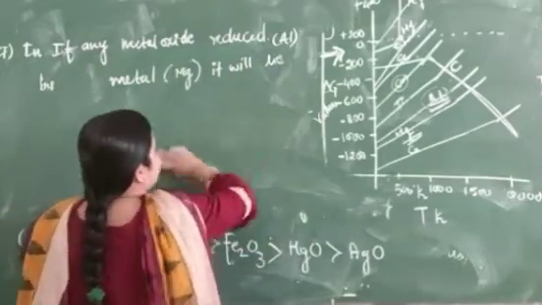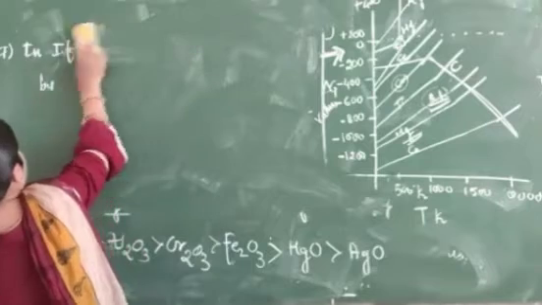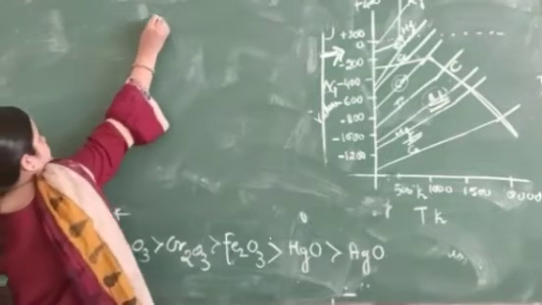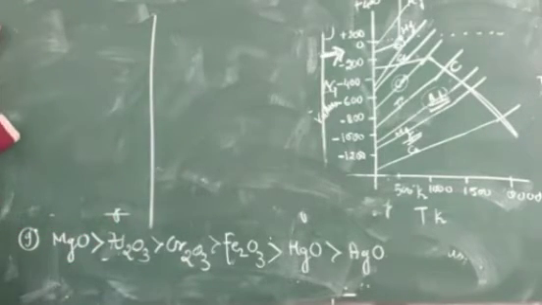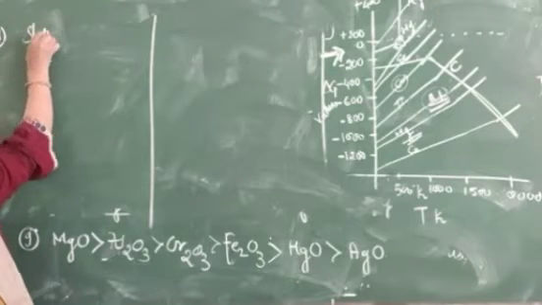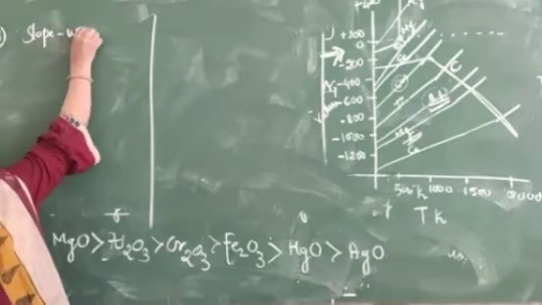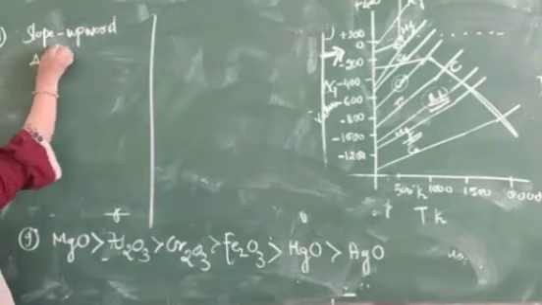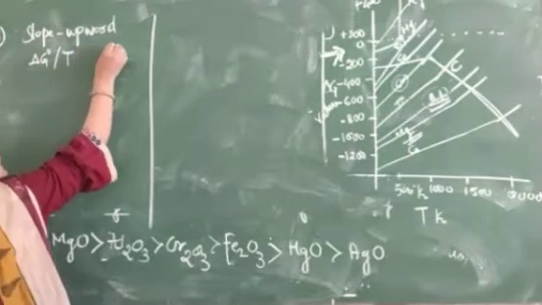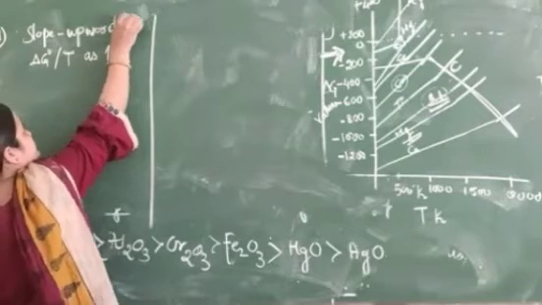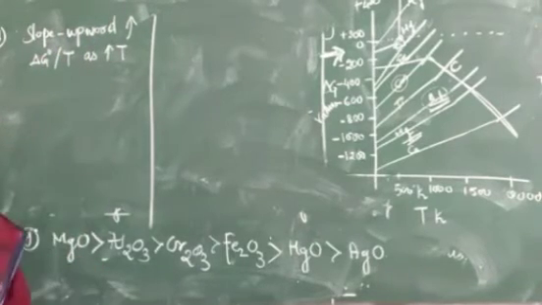I will explain all the points clearly once again. Just see here, from the first onwards. First point: all delta G naught versus T slopes are upward as we increase the temperature.